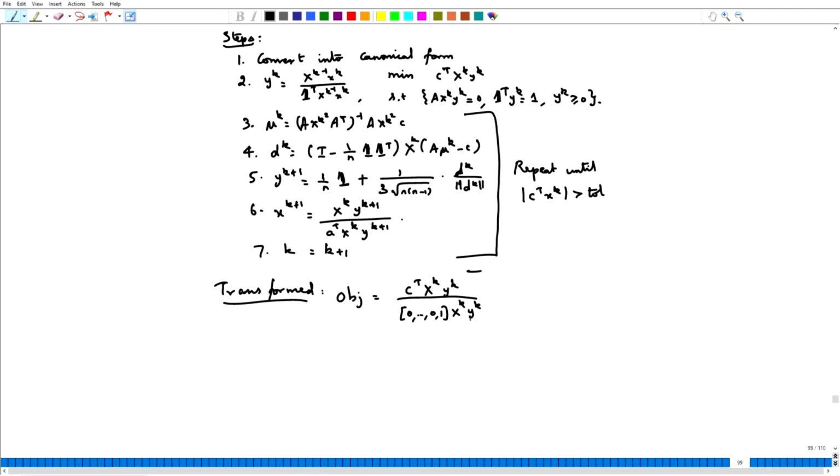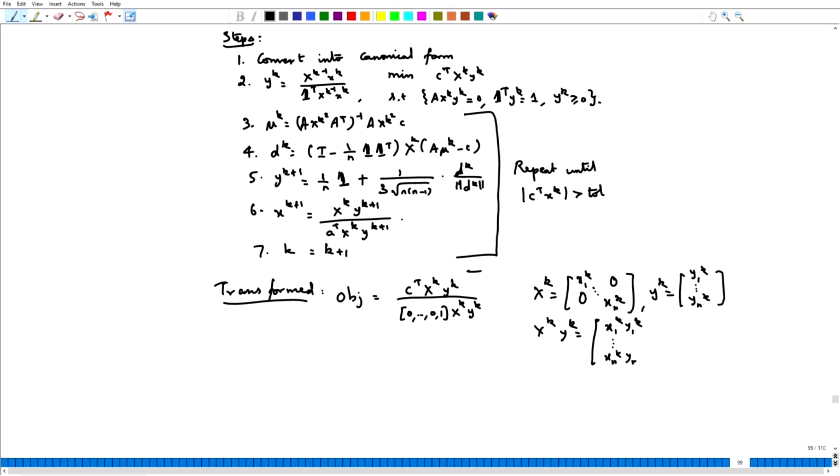Now, what is the denominator? x k is a matrix of x 1 k to x n k with all zeros, and y k is y 1 k to y n k. So, capital X k y k is x 1 k y 1 k, x 2 k y 2 k, dot dot dot, x n k y n k.